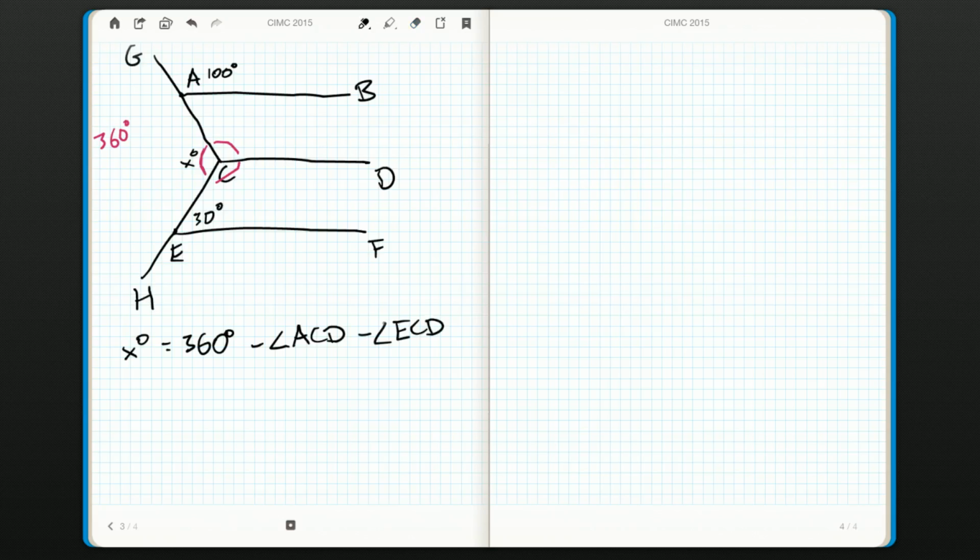So if I knew those angles, I'd be home free. I can figure out what X is. So I start to think, what information do I have? I have the 100 up here, but he's a line too far away.